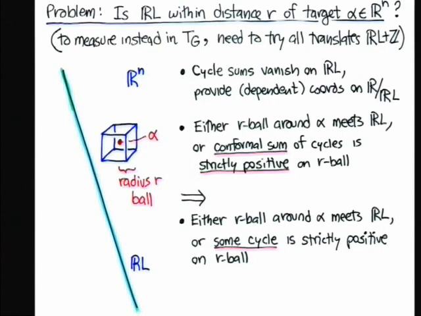So basically, for any linear functional in that orthant, it's going to have a minimum value on the given chosen corner of the cube, which we decided is the minimum corner of the cube. So now, if you have a conformal sum of things like this, and the sum is positive, at least one of the pieces of the sum has to be positive. So what have you just found?